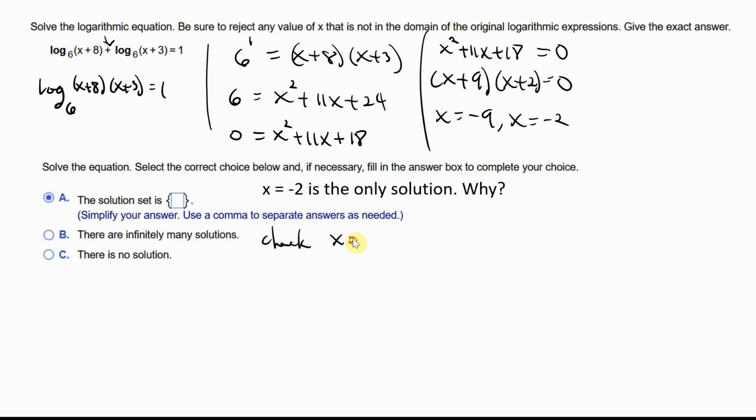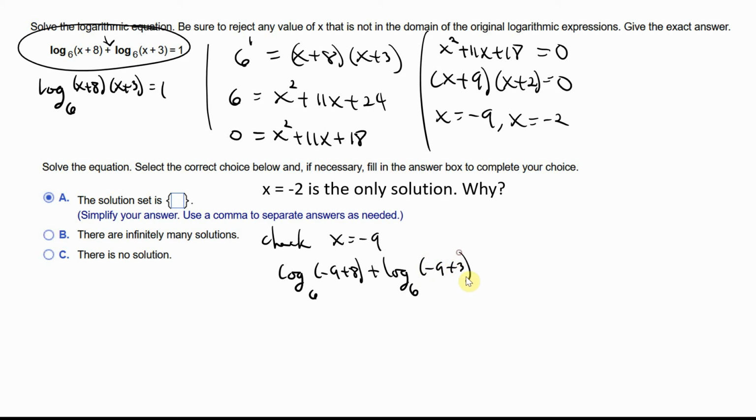Check x equal to -9. So go back and look at the expression up here. So this would be the log base 6 of -9 plus 8 plus log base 6 of -9 plus 3.